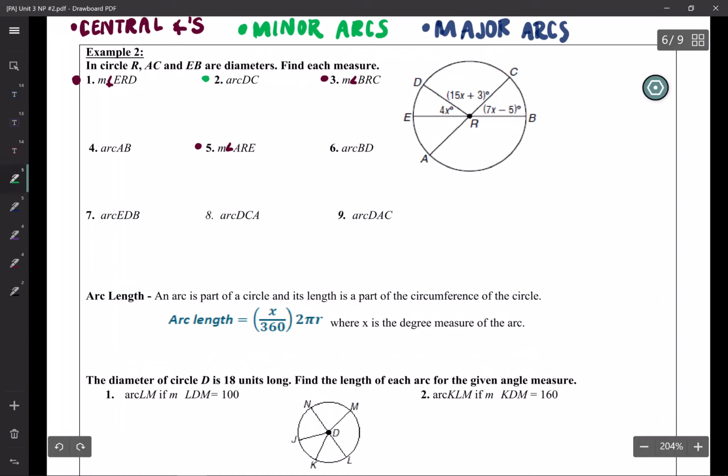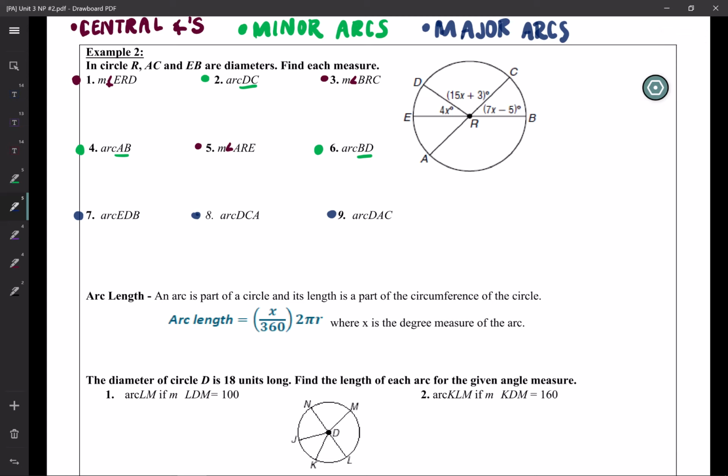Numbers 2, 4, and 6 are all minor arcs because if you notice, they each only have 2 letters naming them. And last but not least, 7, 8, and 9 are all major arcs because they require 3 points to name them. Okay.